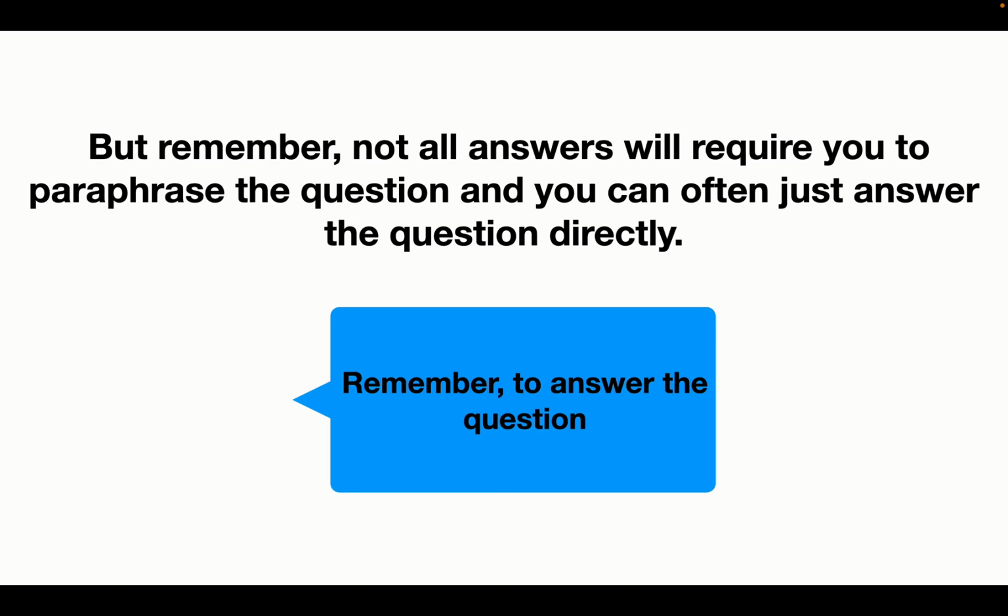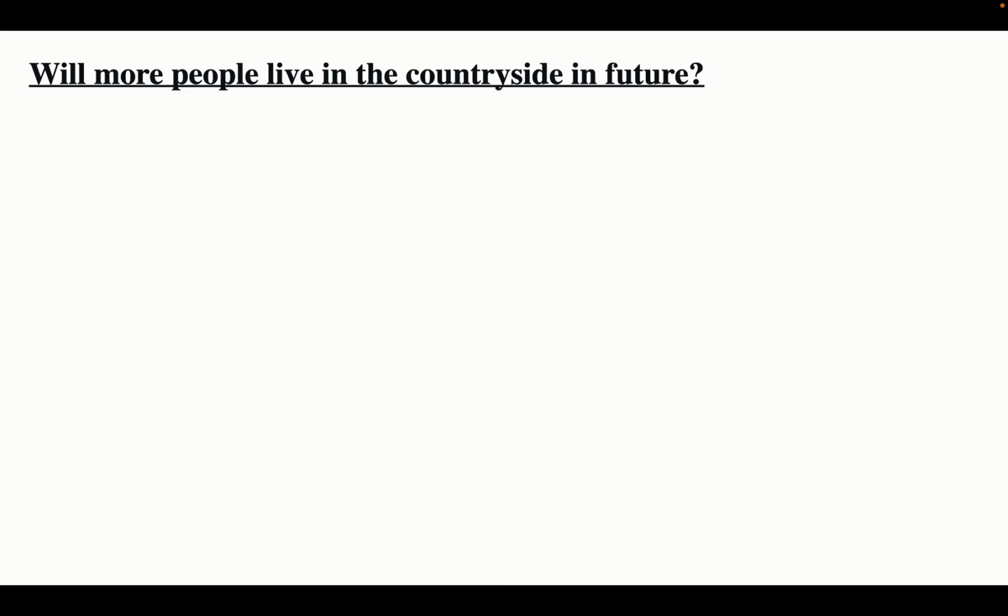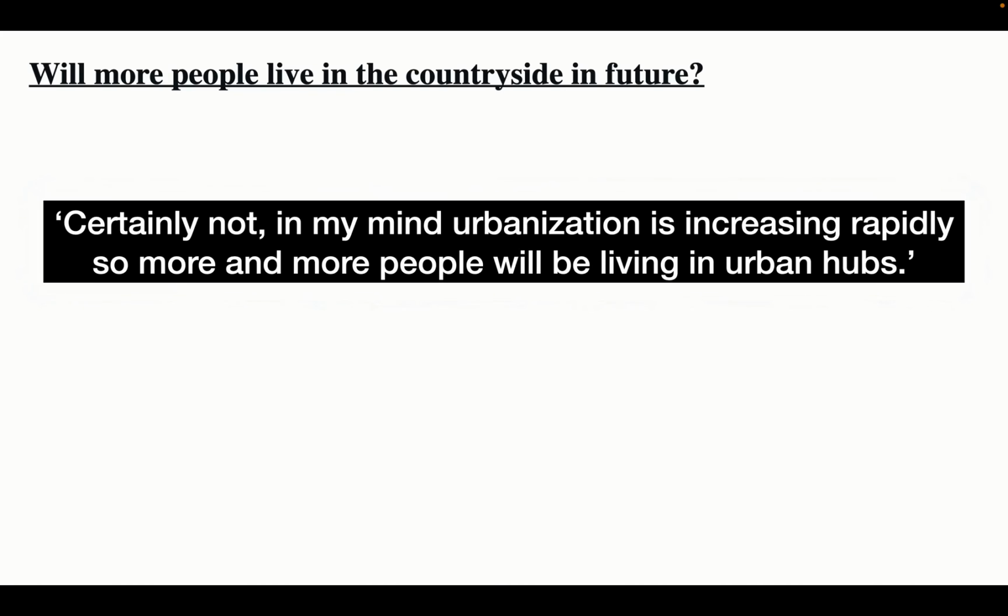So remember, not all answers will require you to paraphrase the question, and you can often just answer the question directly. This is often the case with part 2 answers and even part 3 answers, because with these answers you can answer more directly a lot of times. Let me show you. So we've got a question like, will more people live in the countryside in the future? If I just want to answer this question directly, I may say something like this.